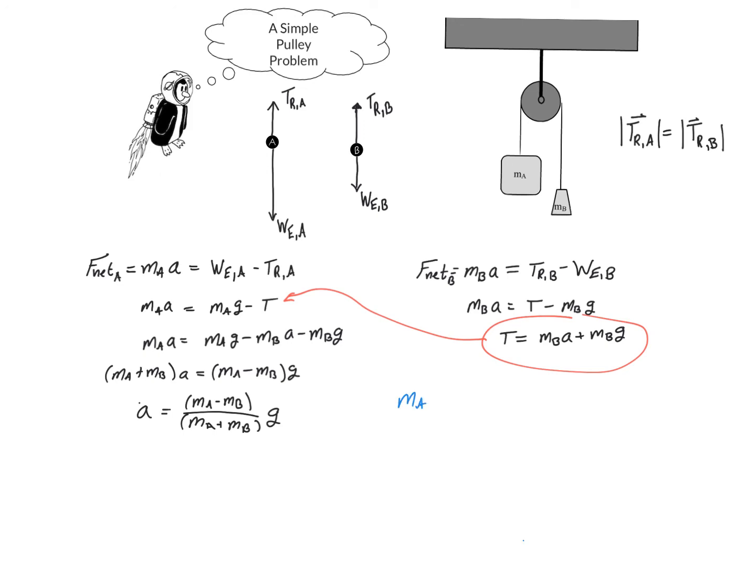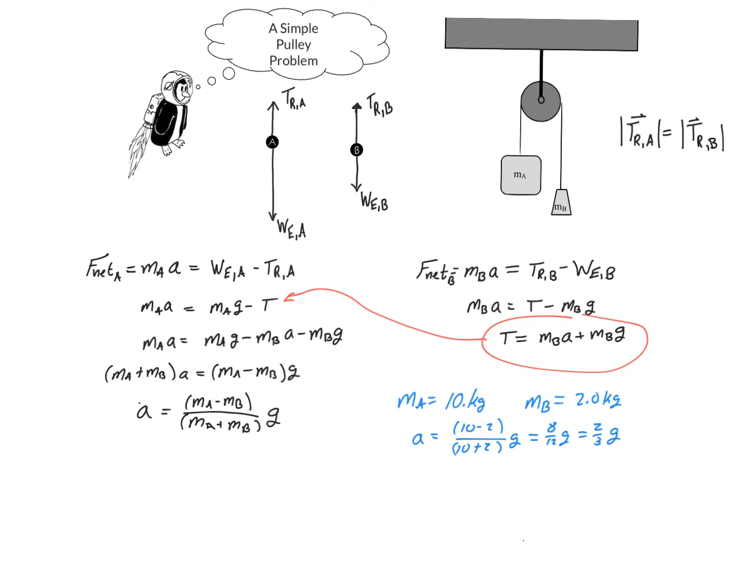If the mass of A were 10 kilograms, and the mass of B was lighter at 2.0 kilograms, well then our acceleration would be 10 minus 2 all over 10 plus 2 times little g, which gives us 8/12 of a g, or 2/3 gravity. So it's accelerating slower, which if you have access to a pendulum in a lab, you can verify.